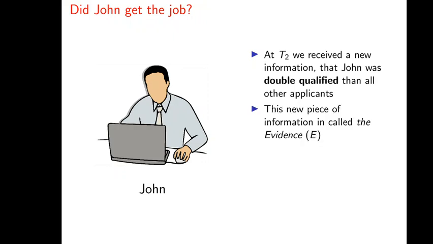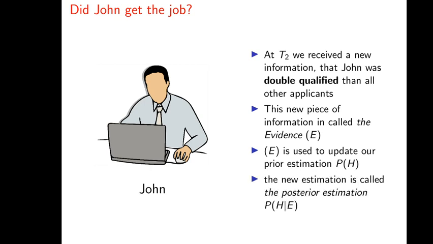This new piece of information is usually called the evidence, or E. E is used to update our prior estimation, and the generated estimation after having the new information E is called the posterior estimation, and the posterior estimation is usually expressed by the conditional probability of H given E, which means the probability of our hypothesis H given the new evidence E.